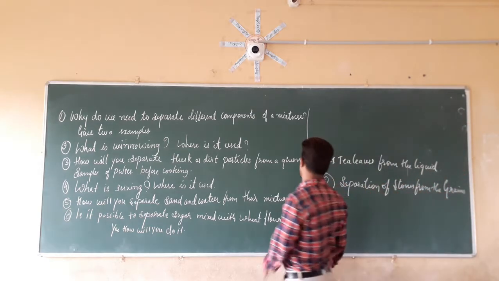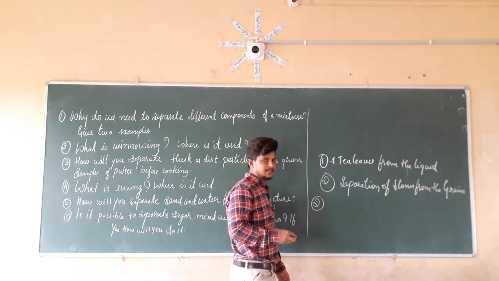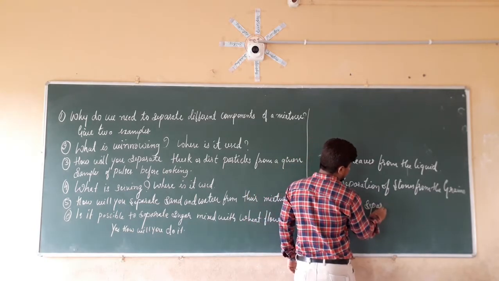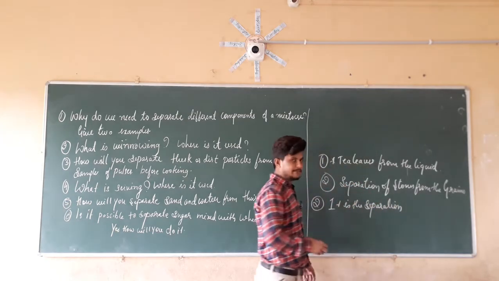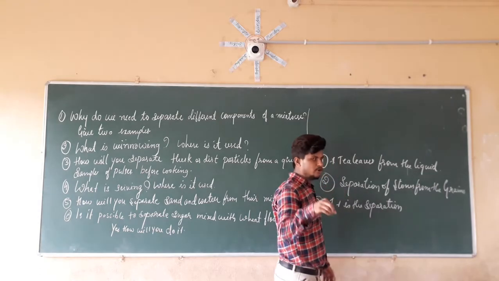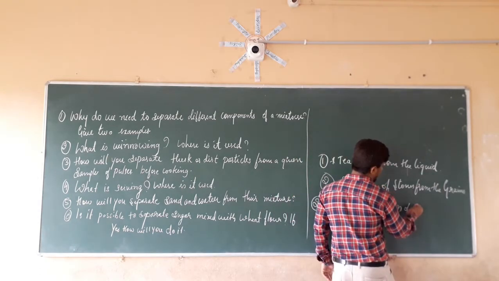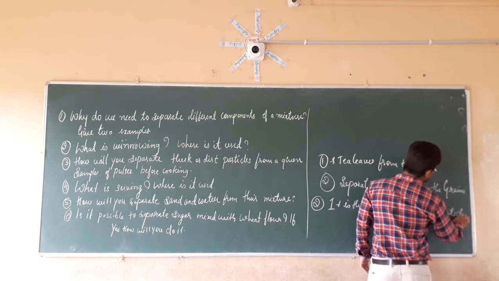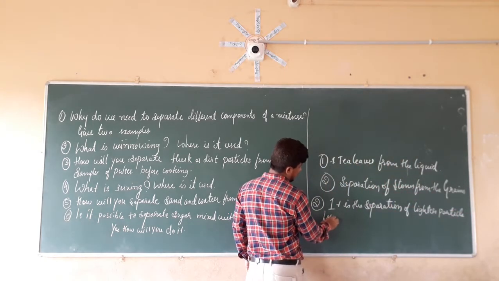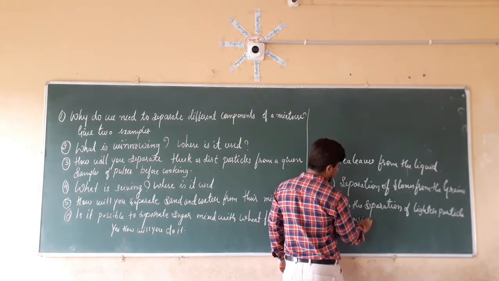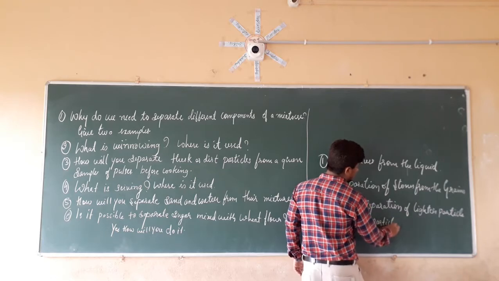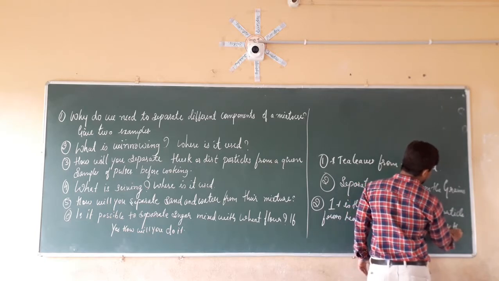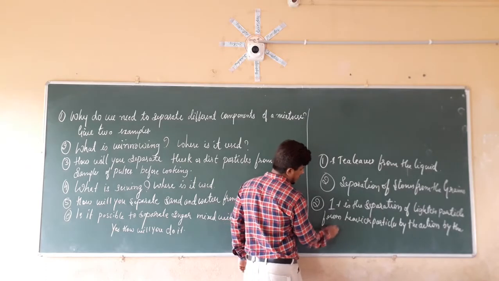So the answer for the second question, winnowing, is the process of separation of lighter particles from heavier particles by the action of air or wind.